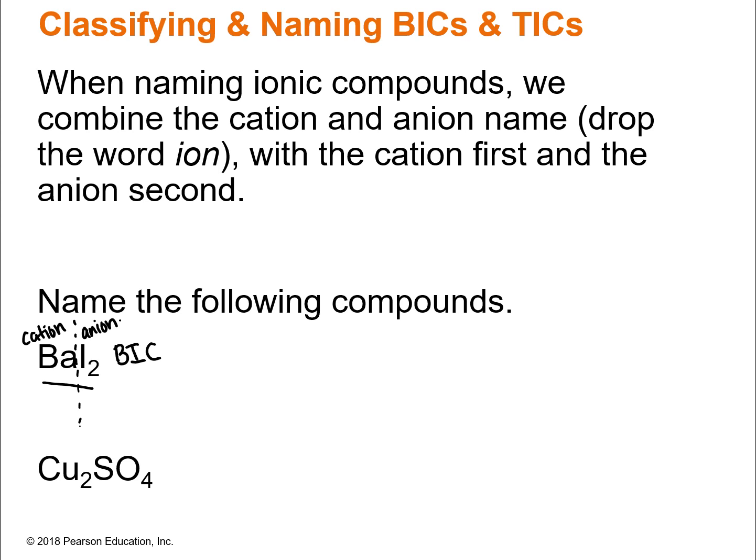I would look up Ba on the periodic table, and I'd find that that's barium, which is a group 2A metal. What would be the charge for barium? It's a group 2A metal.